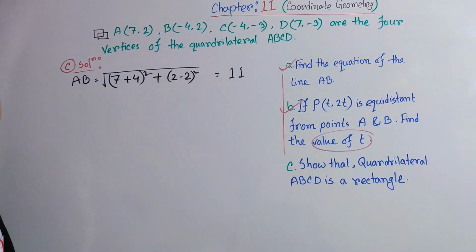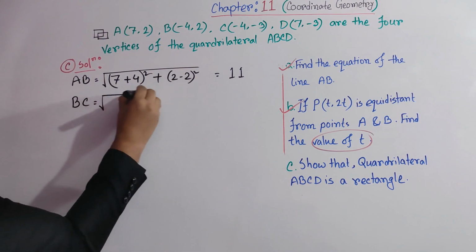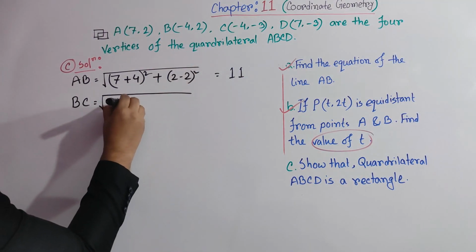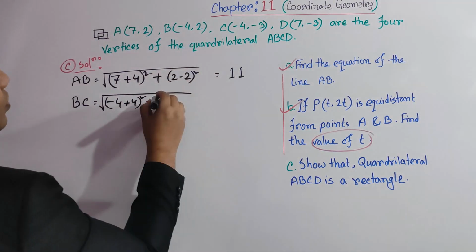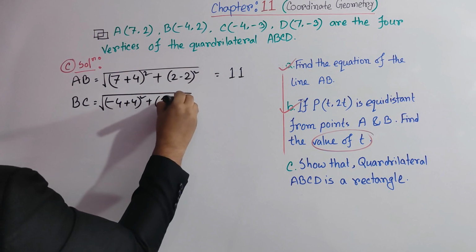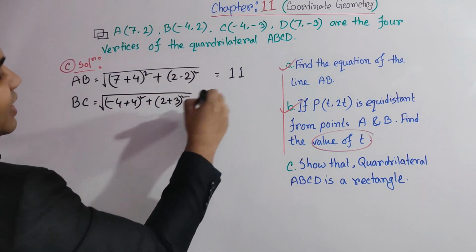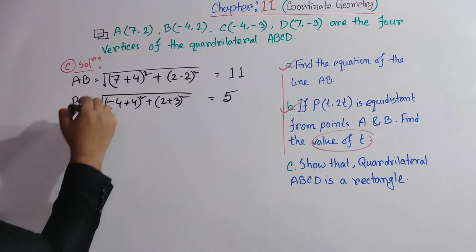If we take the root, then it must be 11. Okay, that is AB. Then BC should be 4 minus 4 plus 4 whole square plus 2 plus 3 whole square. Here it is 0, so this is 5 square, and if we take the root for that, then it will be 5.